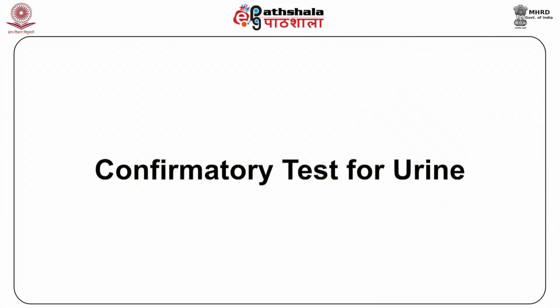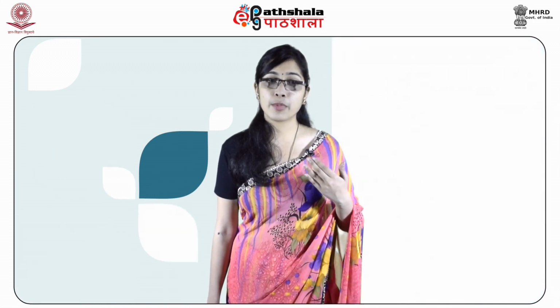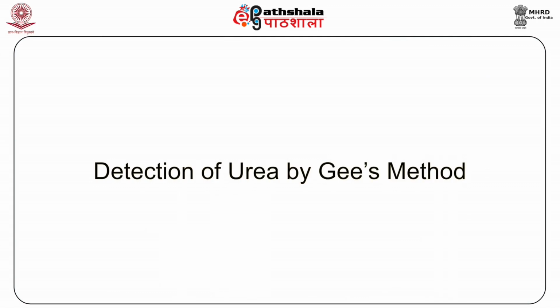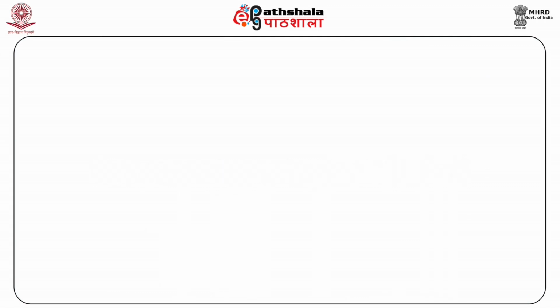Confirmatory tests for urine. The confirmatory stain tests for urine are performed for the detection of various chemical constituents present in urine, like urea, creatinine and indican. Urea is detected by Guy's test.